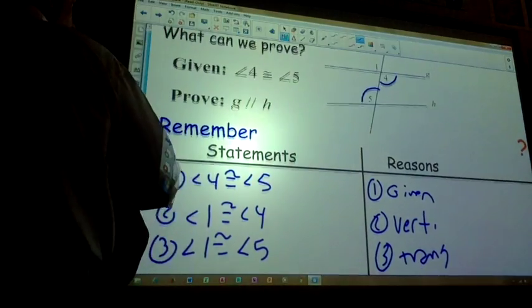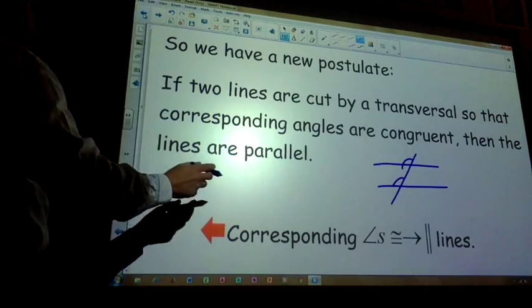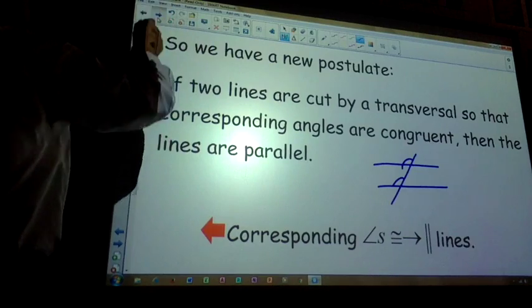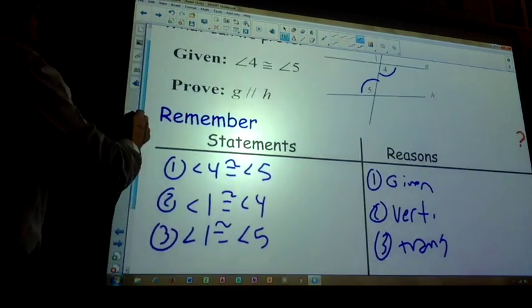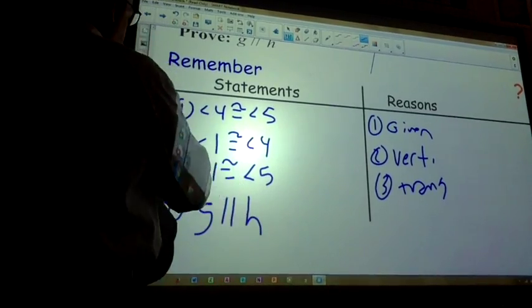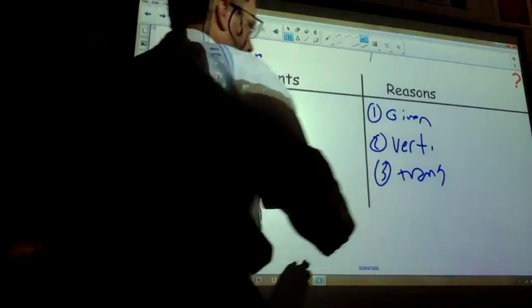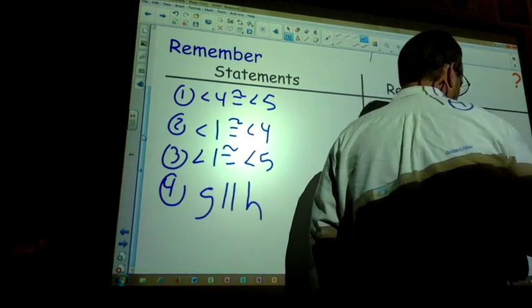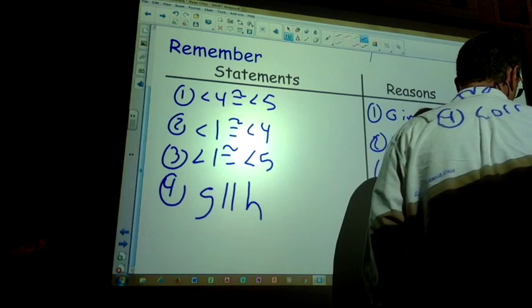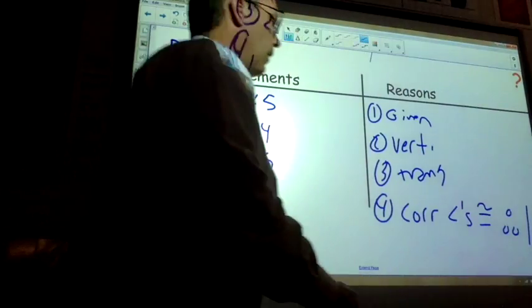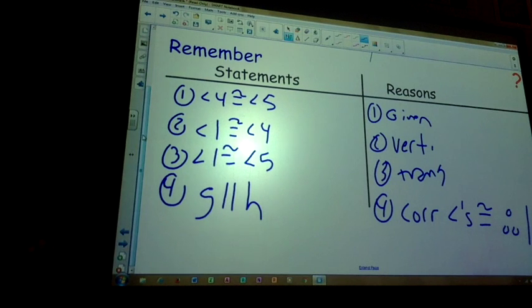So then we can state what we just said here: corresponding angles congruent, lines parallel. Corresponding angles congruent, three little dots.